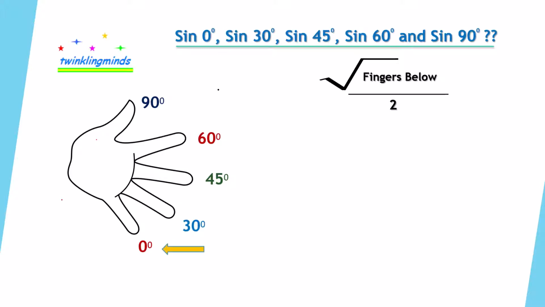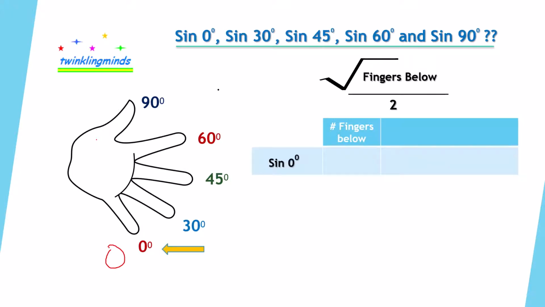How many fingers below 0 degrees? We have none, 0. So what is the value of sine 0 degrees? Square root of 0 divided by 2, which is nothing but 0. Next, let us find the value of sine 30 degrees.